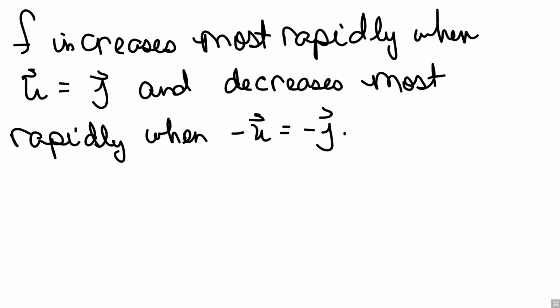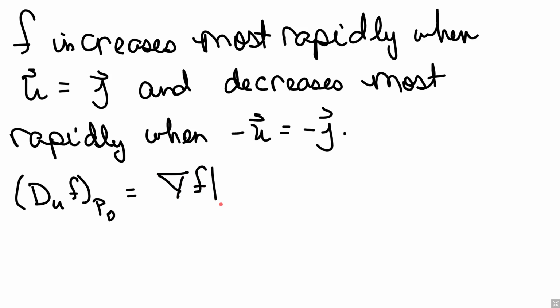Okay, so the last thing that we are asked to do is to find the derivative of the function in those directions. So we're looking for the directional derivative. The directional derivative in direction u of f evaluated at p sub 0 is the gradient evaluated at p sub 0 dotted with the unit vector.